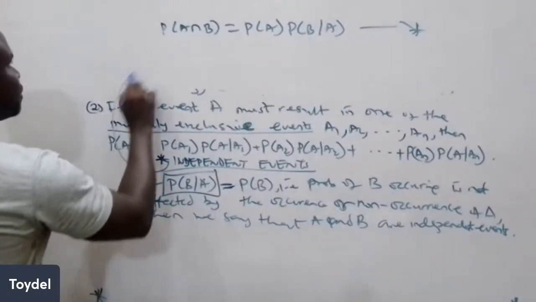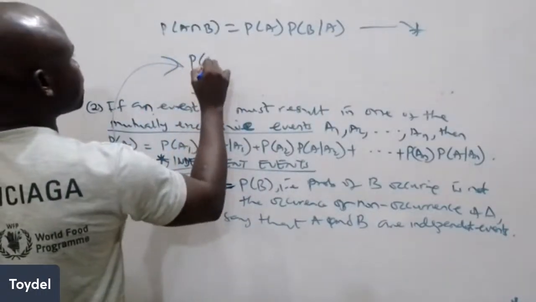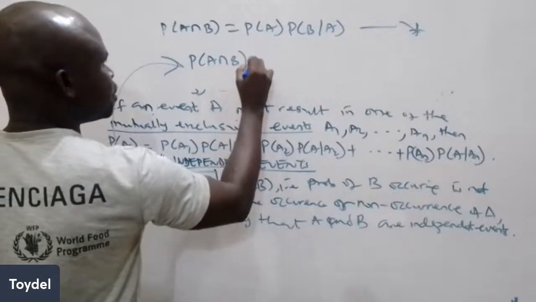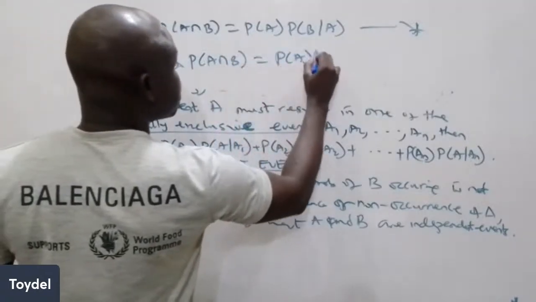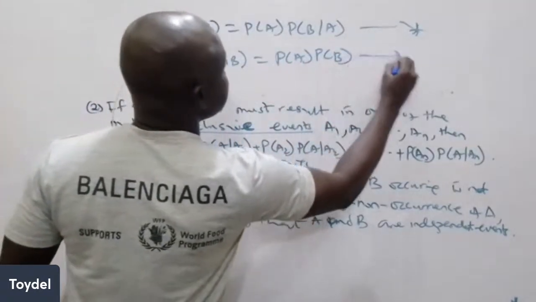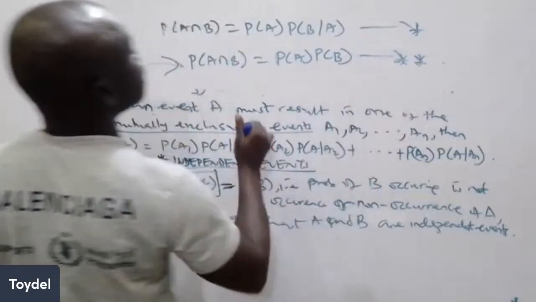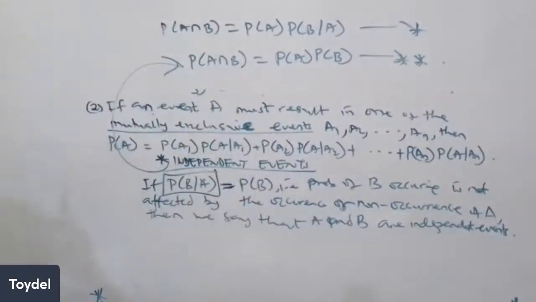But under independent events, the probability of A intersection B will just be probability of A multiplied by probability of B. That's what we are going to have here under independent events. Under dependent events, that's where we have the first one. So under independent events, A and B are independent.